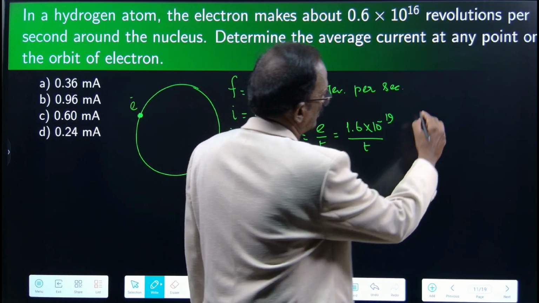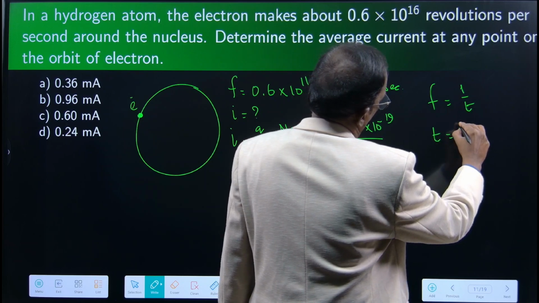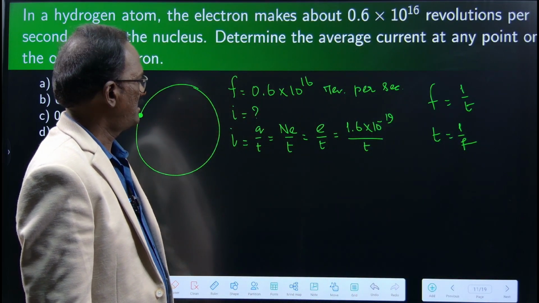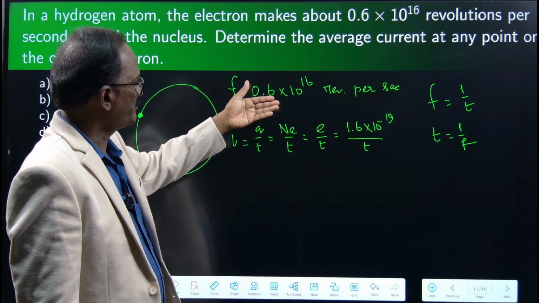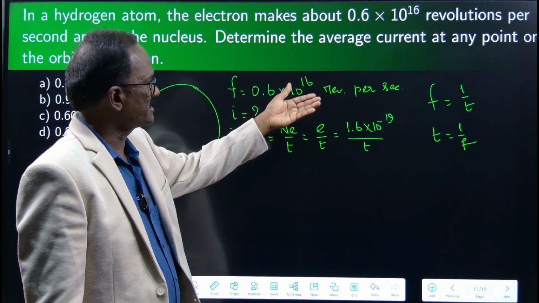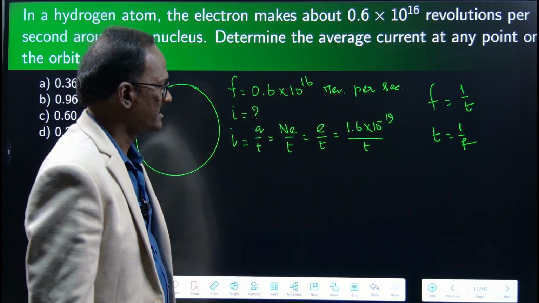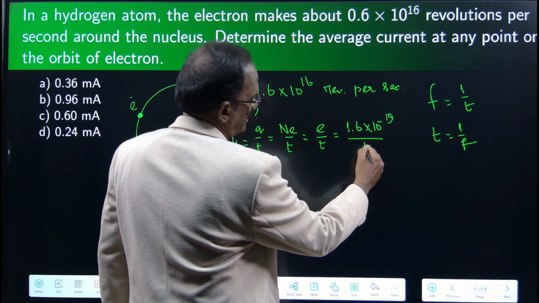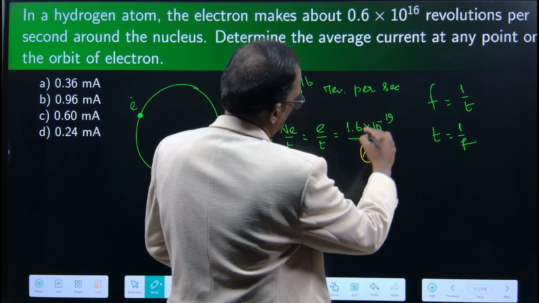We know F is equal to 1 by T, so T is equal to 1 by F. So 1 by 0.6 into 10 to the power of 16. Revolutions per second will become seconds per revolution. Instead of T we can write 1 by F, then this F will go up.